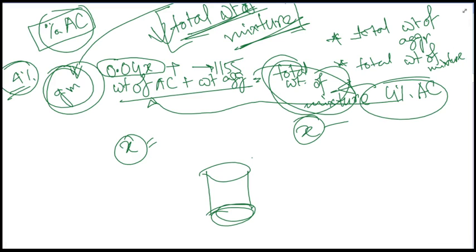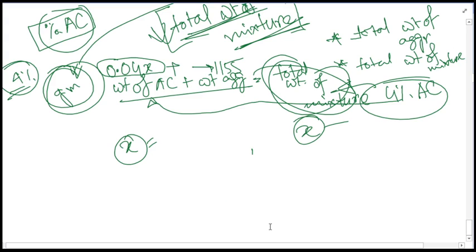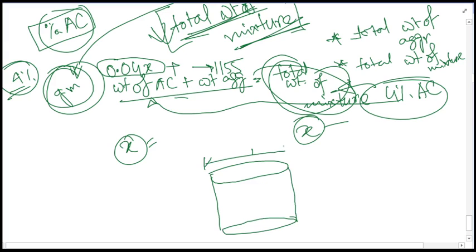Although this figure is not representative, if we want to show the representative cylinder sample, it will be like this, because the diameter will be larger than the height we will be using here.